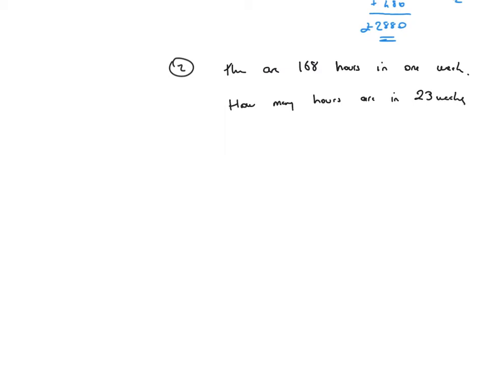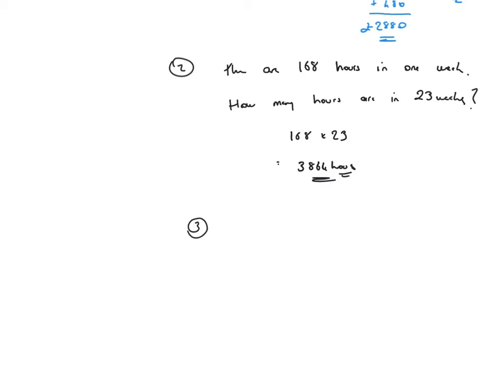Okay, so that's dead easy, and we've got a calculator. 1 week, 168 hours. We want 23 weeks, so just multiply by 23. And that will give me 3,864 hours. It's important as well to put your units on the end.